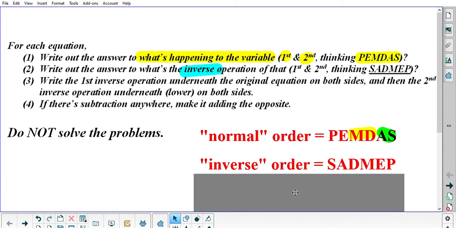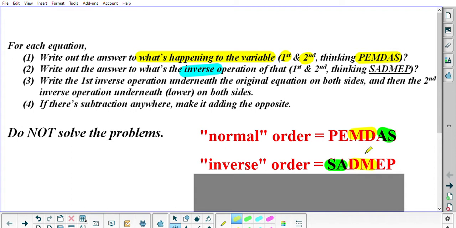So instead of PEMDAS, it would be the acronym, and I know this is kind of funny, SADMAP. That does not mean I want you to be sad as you do today's guided notes, but I want you to understand, instead of addition and subtraction being last, now it's going to be first. And instead of multiplication and division being first, now it's going to be second.